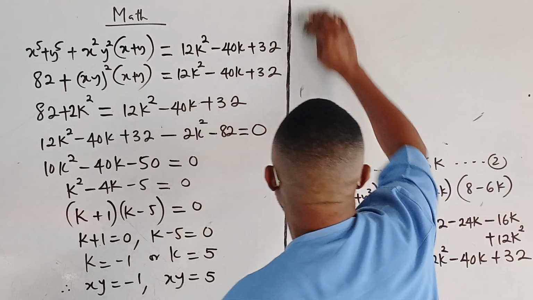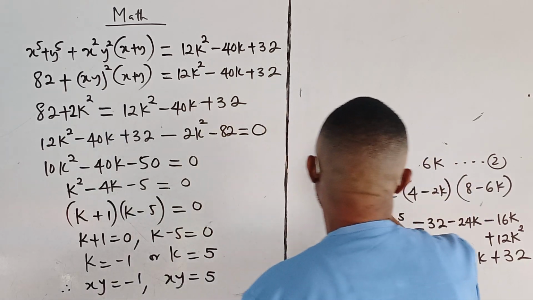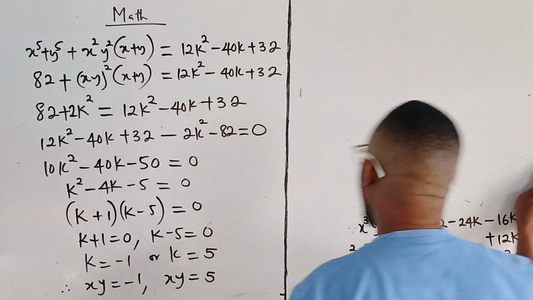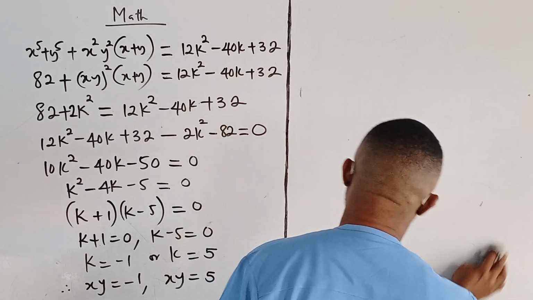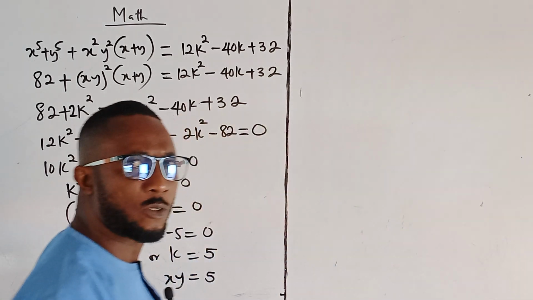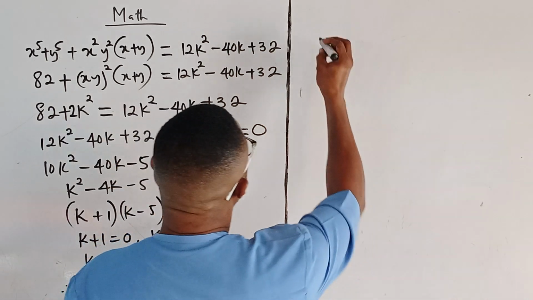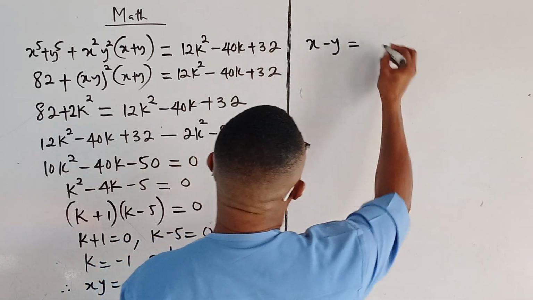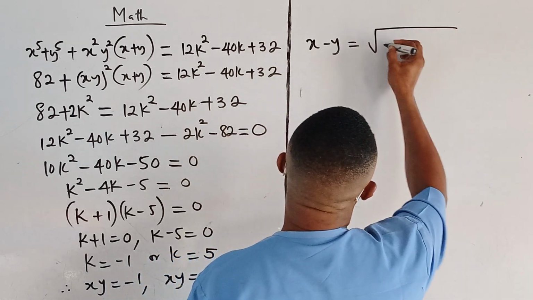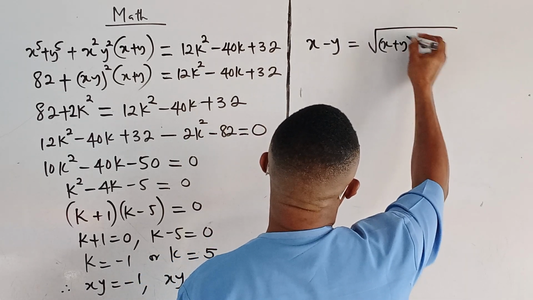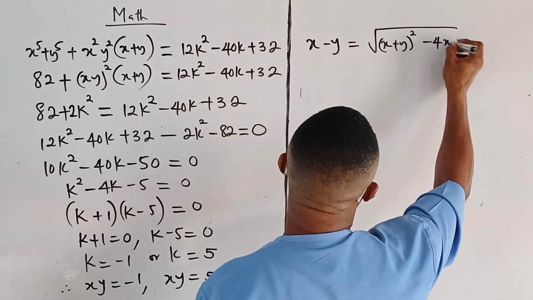Because we have xy equal to negative 1, and again xy equal to 5, I am going to make do with this formula: x minus y equal to the square root of x plus y all squared minus 4xy.